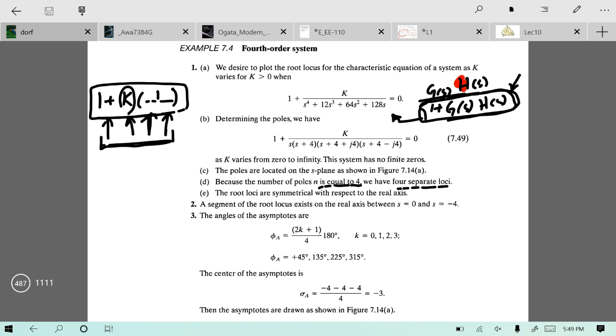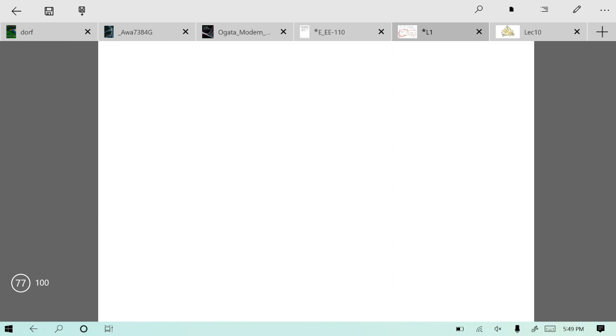For example, if you have this pole and there is no other zero in your system, and you have only a single pole, then this pole will obviously move to infinity. But now you don't know which path it will follow to go to infinity. It can go via this path, this path, this path, any path it can take.